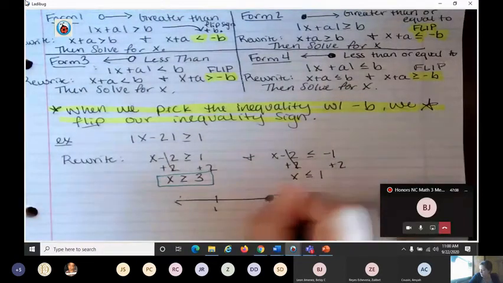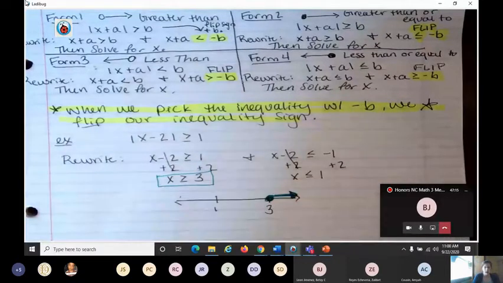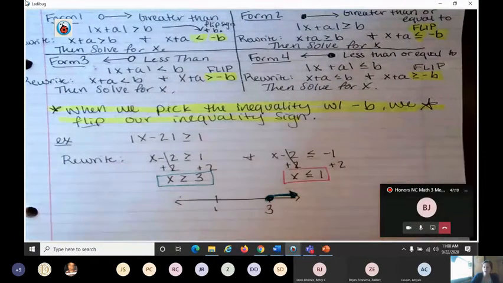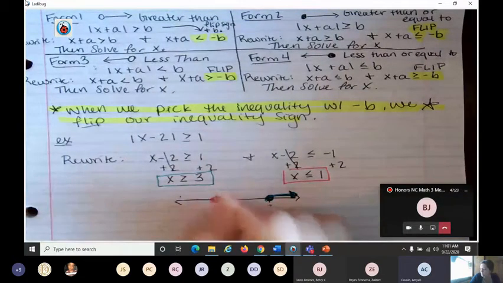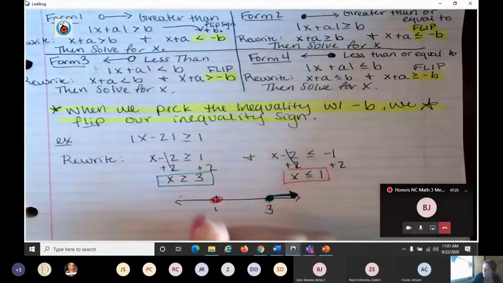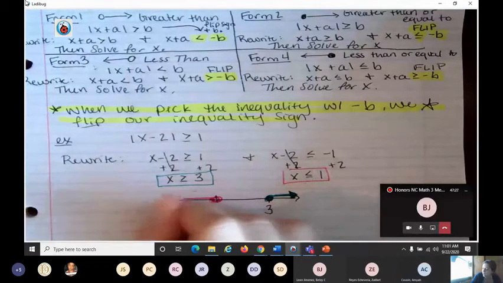We want values bigger than or equal to 3, so we're going to move to the right. Okay. And then in the other one, we have x values less than or equal to 1. So I need a closed dot at 1 because it's still less than or equal to. And less than means we're going to move to the left.